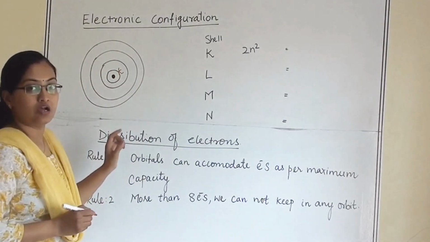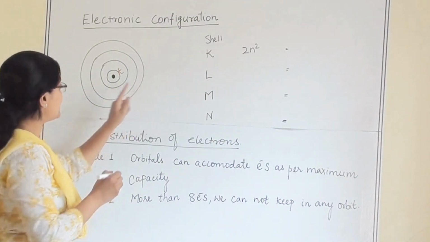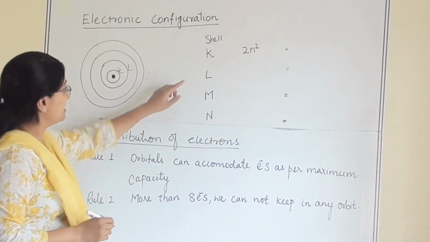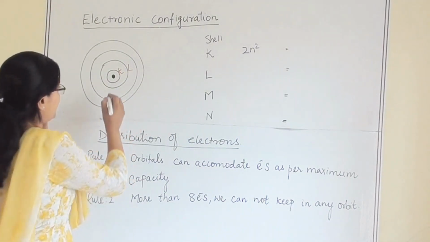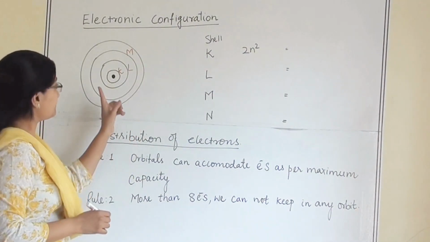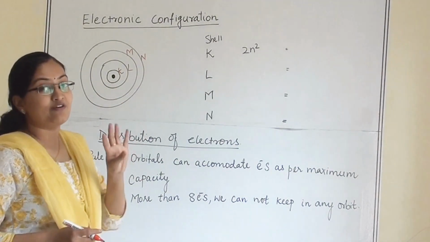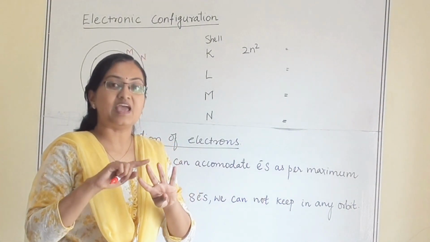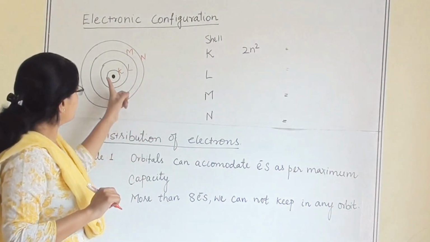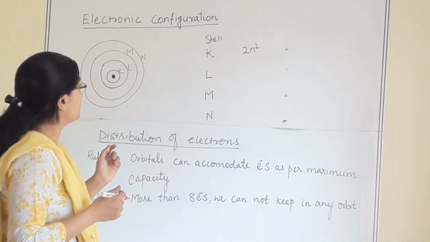So this is orbit K. After that, the second orbit, that is L. So next to K is orbit L. Then the orbit M. So next to L, this will be our orbit M. Next to M, it will be N. So we have a total of 4 orbits, K, L, M and N. These orbits start from the nucleus and go far.